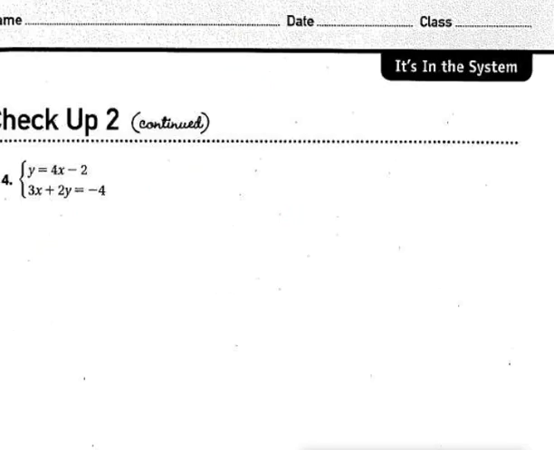All right. Since, again, I have a system that includes a slope-intercept form, I'm probably just going to use substitution again. So here we go.